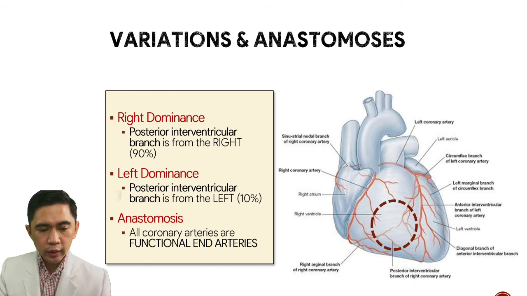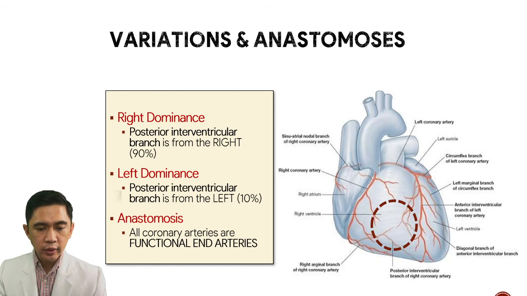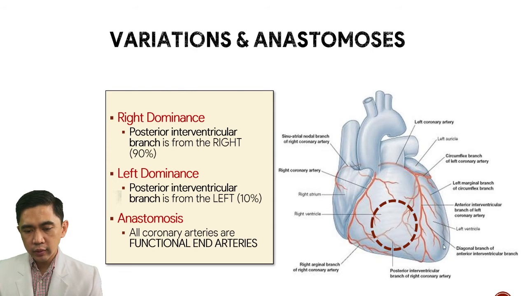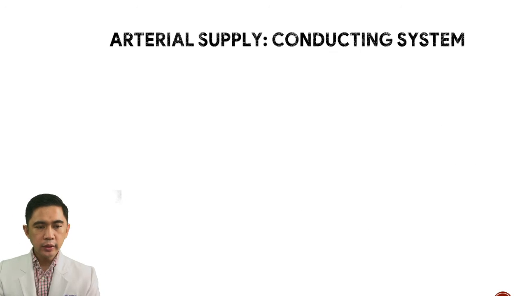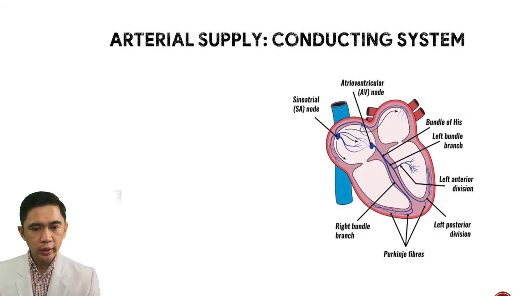All coronary arteries are functional end arteries, meaning they don't have much anastomosis. So that's why when you have a block in one of the arteries, that area that is supplied by that artery is often ischemic. So take care of your coronary artery, because once it is blocked, you will have a heart attack. Let's talk about the arterial supply of the conducting system.